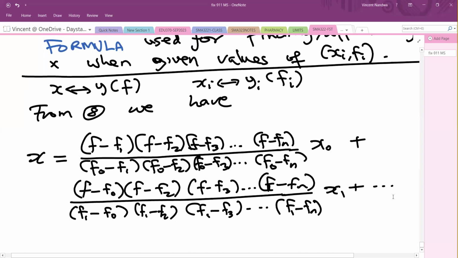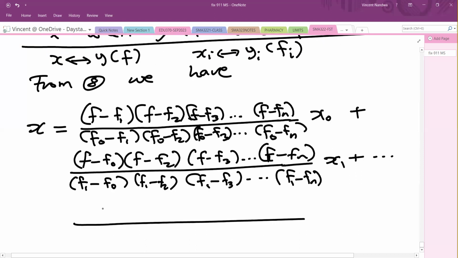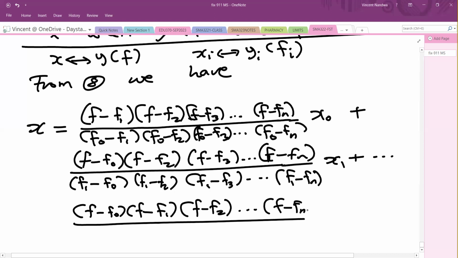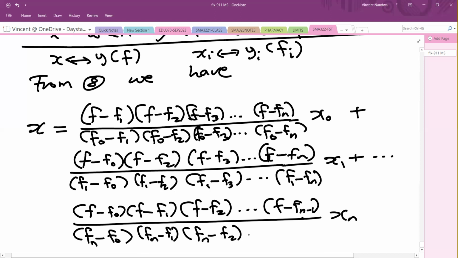Up to f minus f naught, f minus f1, f minus f2, up to f minus fn minus 1, you multiply by xn, divided by fn minus f naught, fn minus f1, fn minus f2, all the way up to fn minus fn minus 1.